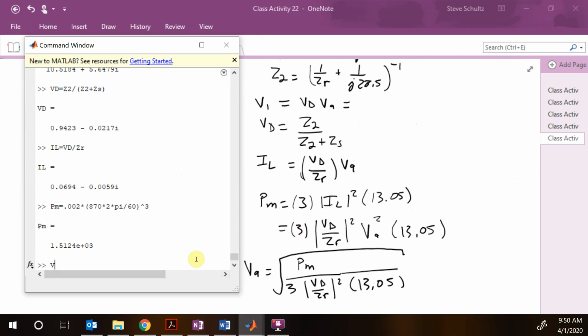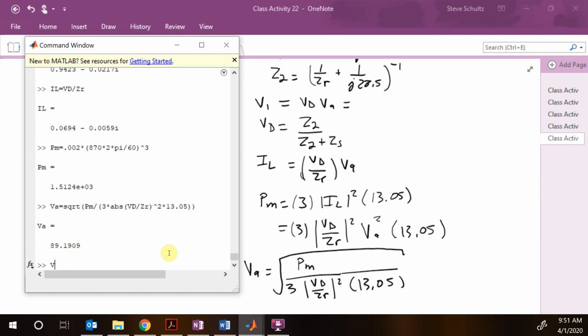And then our VA is equal to the square root of PM divided by 3 times ABS of VD divided by ZR, squared, times 13.05. And then our actual stuff is in terms of line-to-line voltages.